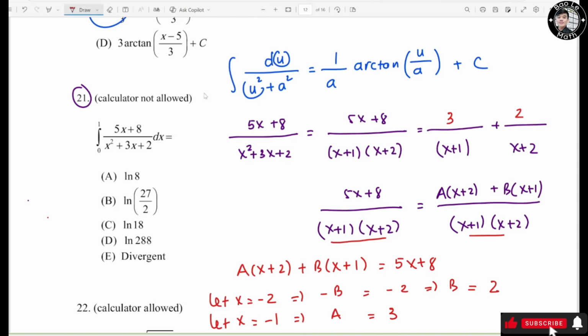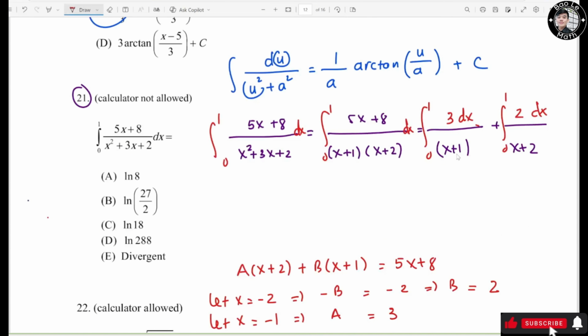So I'm going to go back over here. Now I'm going to take the integral from 0 to 1 of this one ds. It's going to be the same thing for this one. Now d of (s plus 1) is actually ds. So this becomes 3 ln of the absolute value of s plus 1 evaluated from 0 to 1, plus 2 ln of the absolute value of s plus 2 evaluated from 0 to 1.